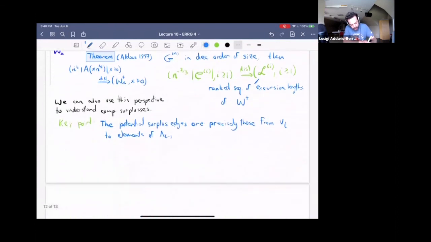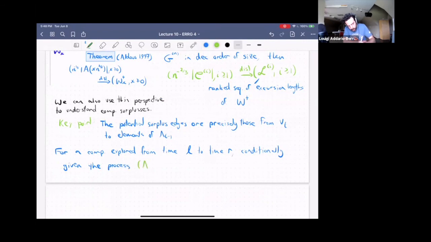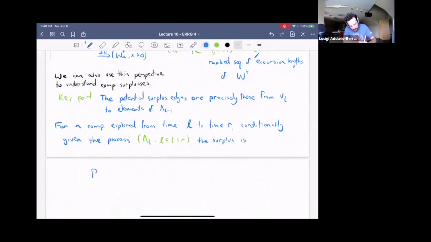So if we look at a component that's explored from some time L to time R, conditionally given the active queue process A_t for t from L to R, the surplus will be binomially distributed with parameters the sum over t from L to R of A_t, and p.